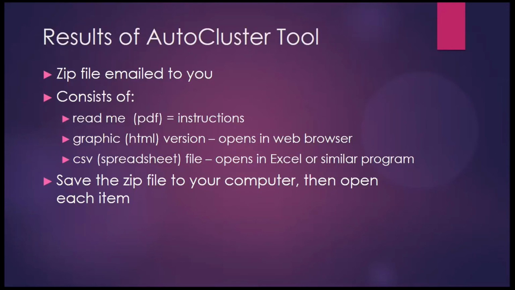You want to save this zip file to your computer and then open it from the computer. You don't want to try to open it from the email. It rarely works that way. So you save it first, then you open.